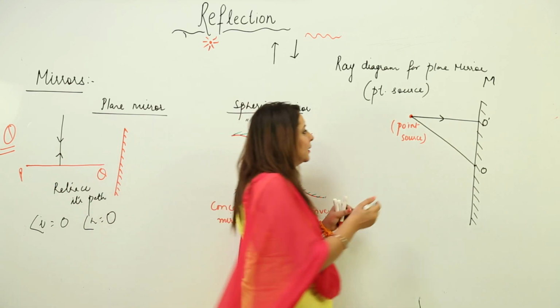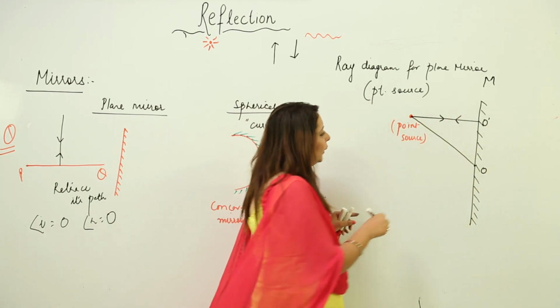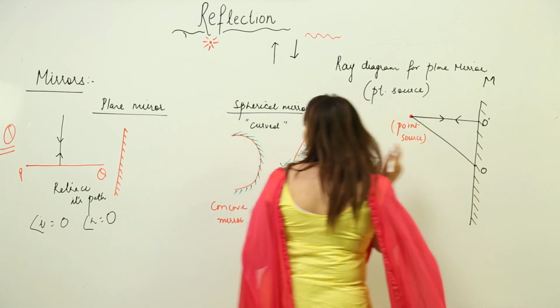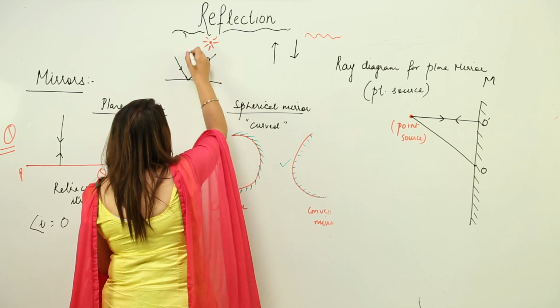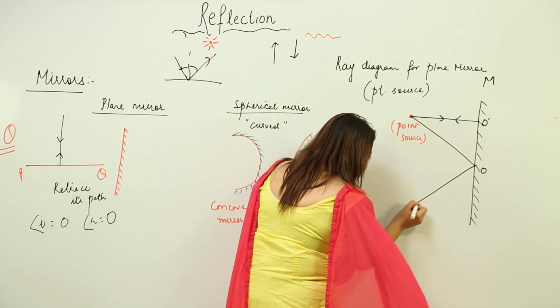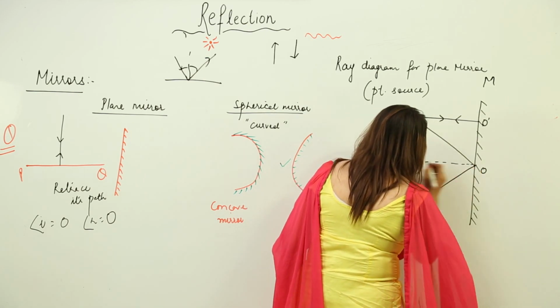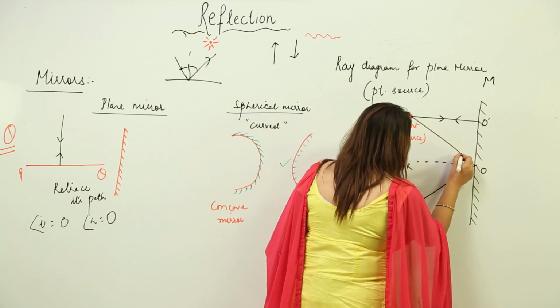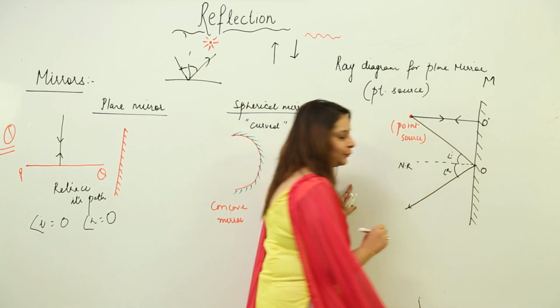And what happened to this ray? We discussed that when light falls, it gets bounced back at the same angle. The same thing we are going to do here. So it gets reflected like this. Let's draw a normal. This is the angle of incidence. This is the angle of reflection.